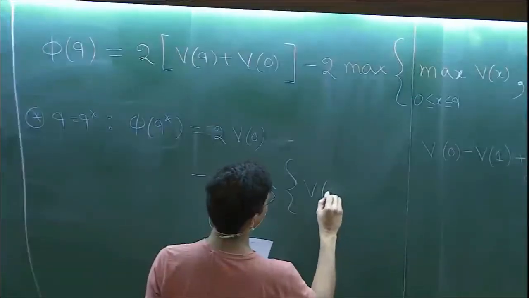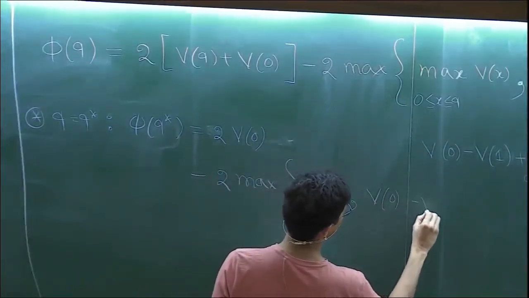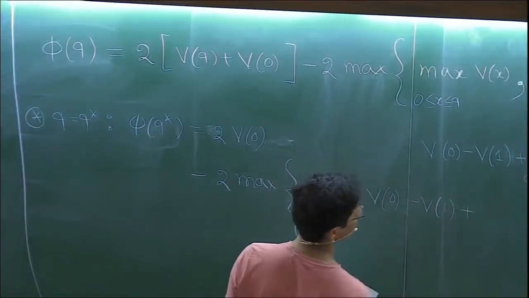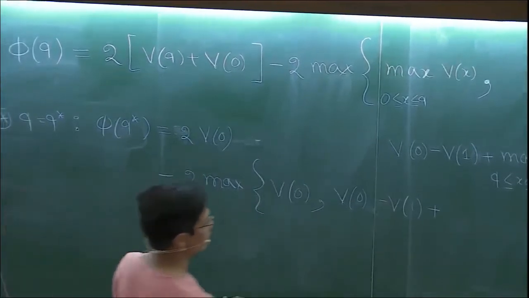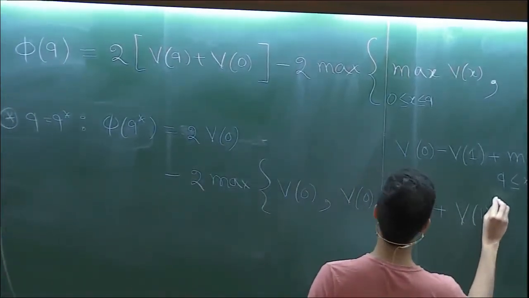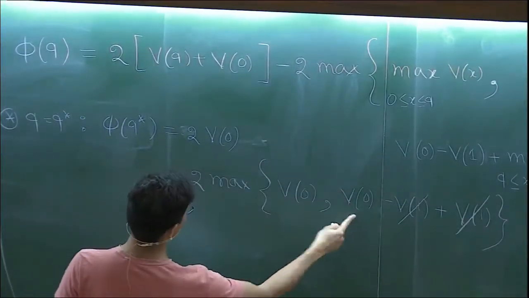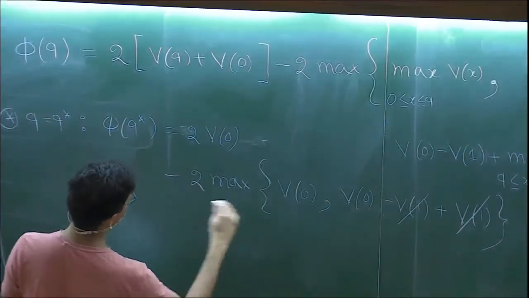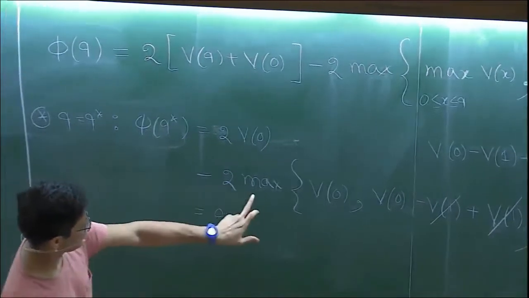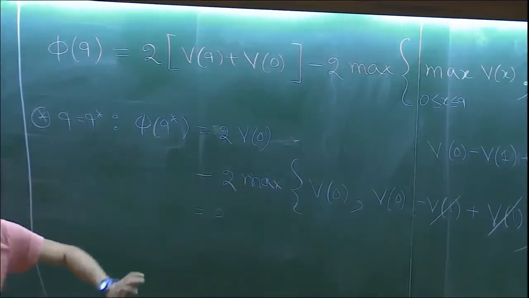So this is then v of 0. What is here? v of 0 minus v of 1 plus, now I'm looking at the maximum from q star on the right side. It will simply be v of 1. So this cancels. Both are the same, so it's just v of 0. And you would see that this would cancel, and you would get a 0. It's the maximum of v of 0 and v of 0, which is just v of 0. That cancels with this. So you're still okay.